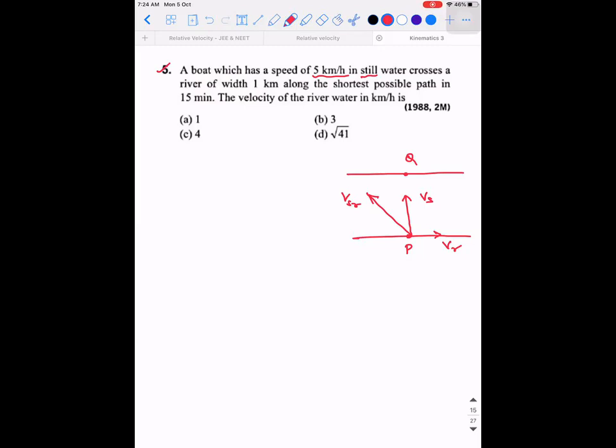So how to solve? Can think of parallelogram law of vectors. Anything.